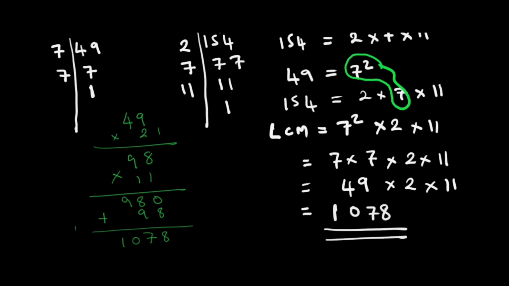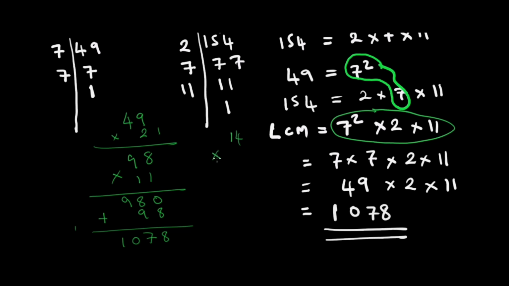Yet in your answer you wrote something like 300 and something, so the mistake you made is here. I'm suspecting you forgot that 7 squared means 7 times 7. So maybe you did 7 times 2 times 11. Let us find out what 7 times 2 times 11 gives. 7 times 2 of course is 14.